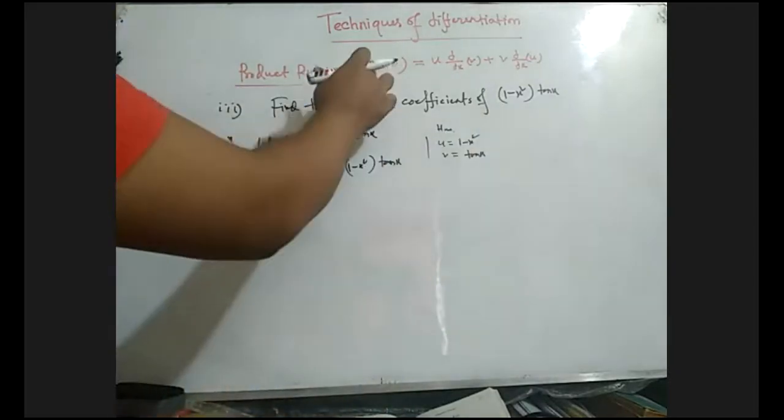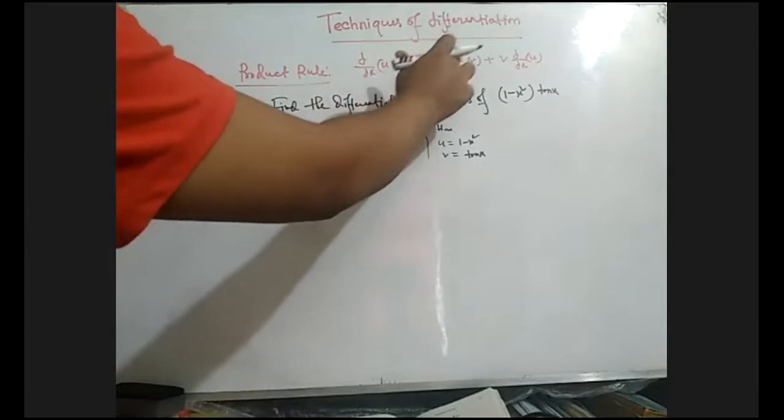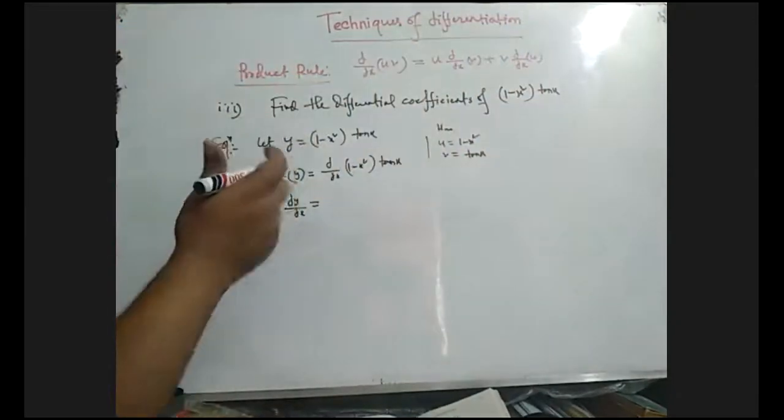So using the product rule, d/dx of uv equals u into d/dx of v plus v into d/dx of u.